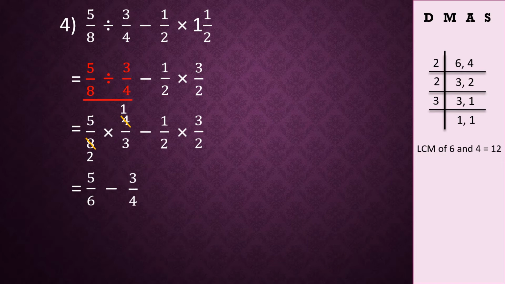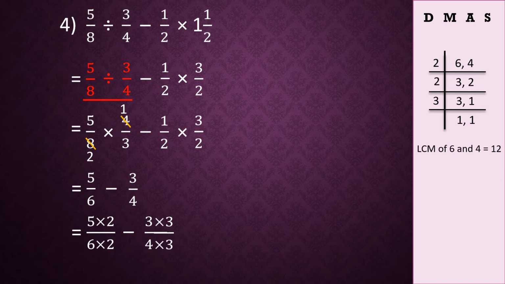Now tell me, in 5 upon 6, which digit will you multiply to bring 12 in the denominator? Yes, 2. So multiply numerator and denominator by the same number 2. Then write the minus sign as it is. Now tell me, in 3 upon 4, which digit will you multiply to bring 12 in the denominator? Yes, 3. So multiply numerator and denominator by the same number 3.